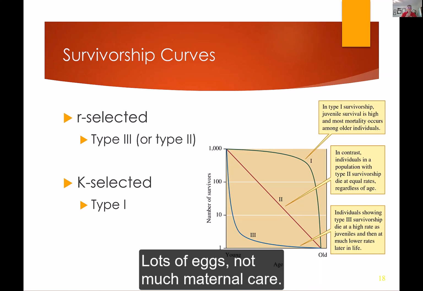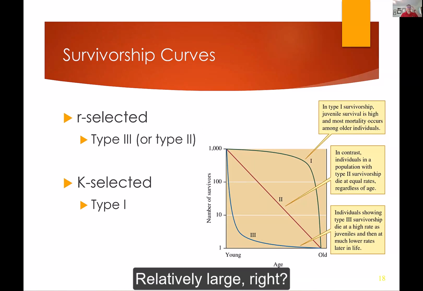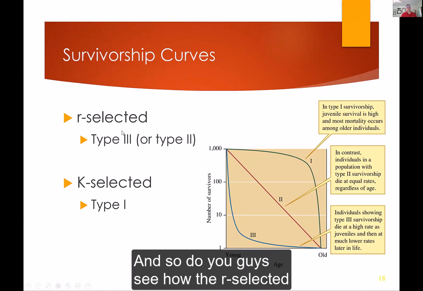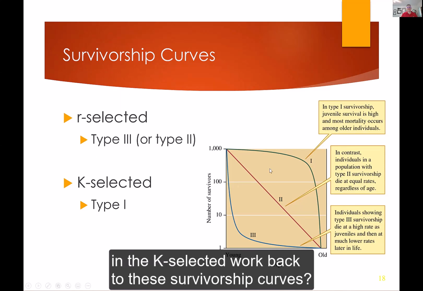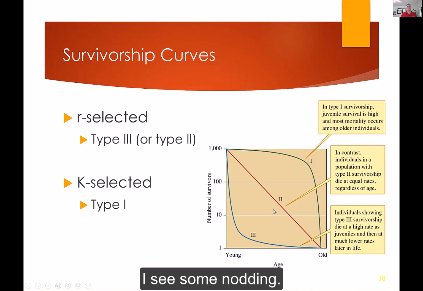Lots of eggs, not much maternal care. But what's the size of the adult? Relatively large, right? Do you guys see how the r selected and the K selected work back to these survivorship curves? Do you see how the information correlates? I see some nodding. Okay, fantastic.